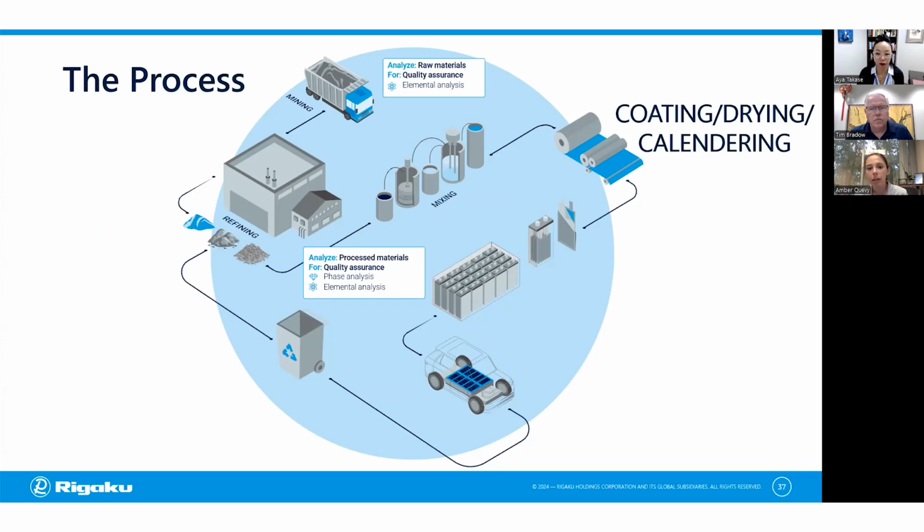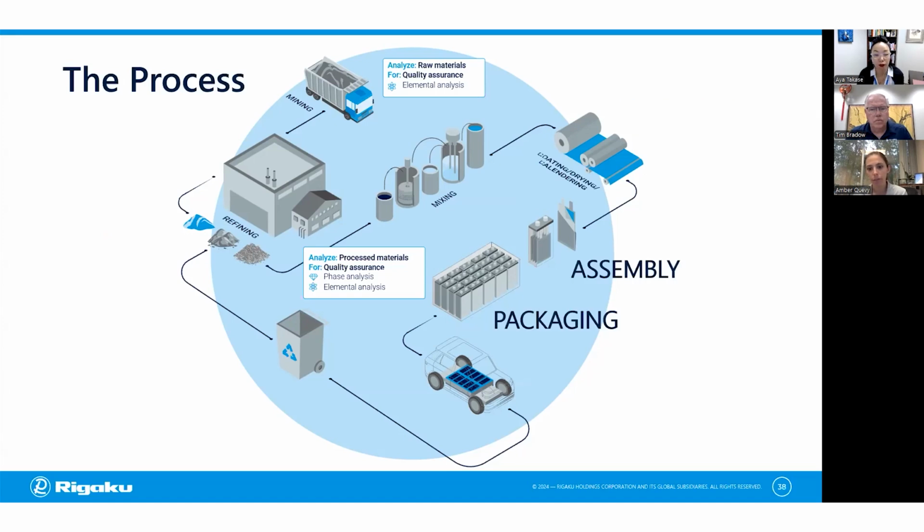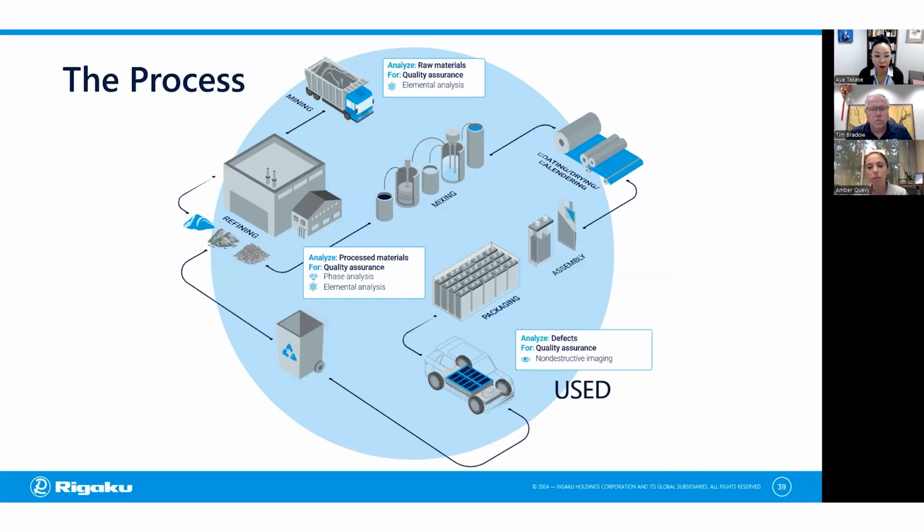For coating, drying, and calendaring, we're not going to talk as much about this today, but there are inline XRF systems that can be used and are used in monitoring quality control for the coating process. And finally, those batteries are assembled and packaged, and they're finally going to be used.